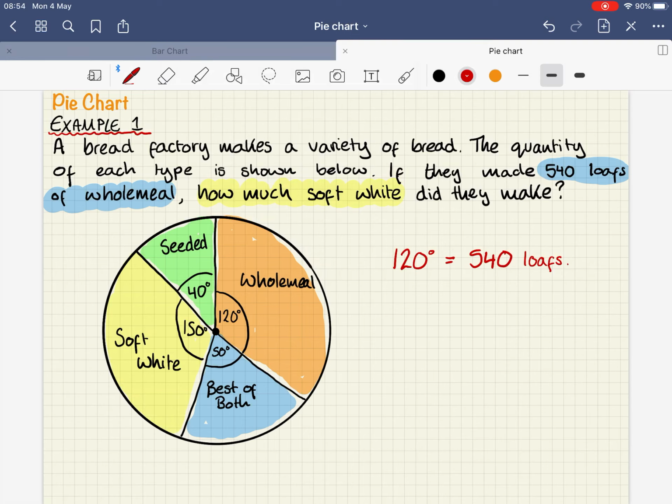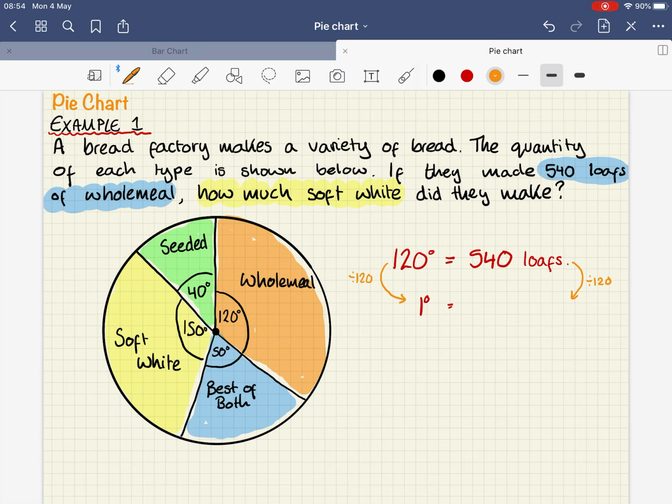All I've done is take the angle that's in the wholemeal section and set it equal to how many wholemeal loaves we have. And then we want to find out how much 1 degree is worth. So to go from 120 to 1, I divide by 120, and to keep things balanced, I have to divide this number here by 120.